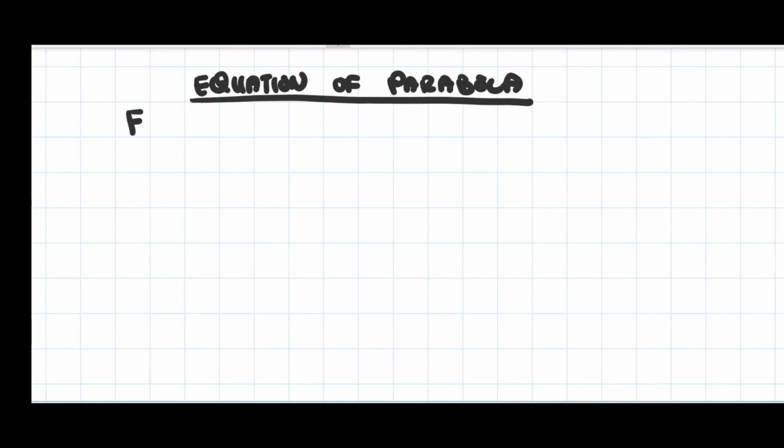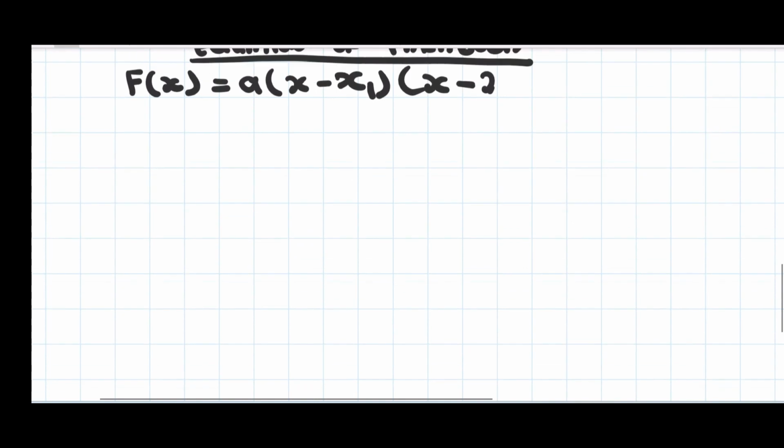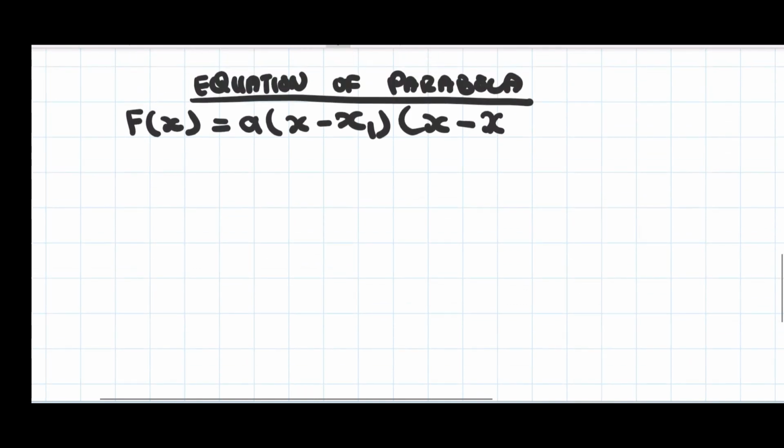The first one is when you are going to use this equation: f(x) = a(x - x1)(x - x2).